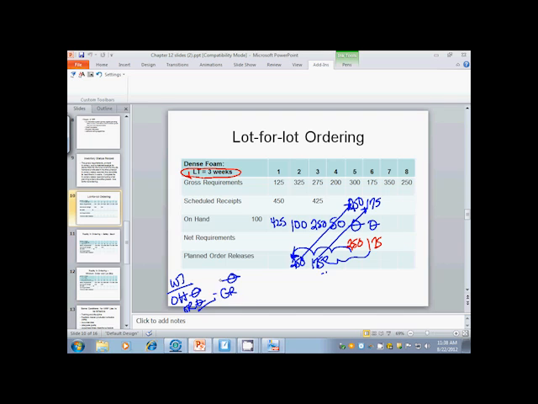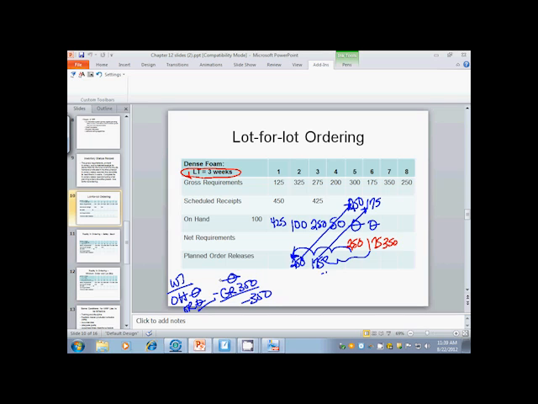My gross requirements say I want to use 350. That gives me a negative. What does that negative mean? It means I have a need for units of dense foam, and I need 350 units of the dense foam.